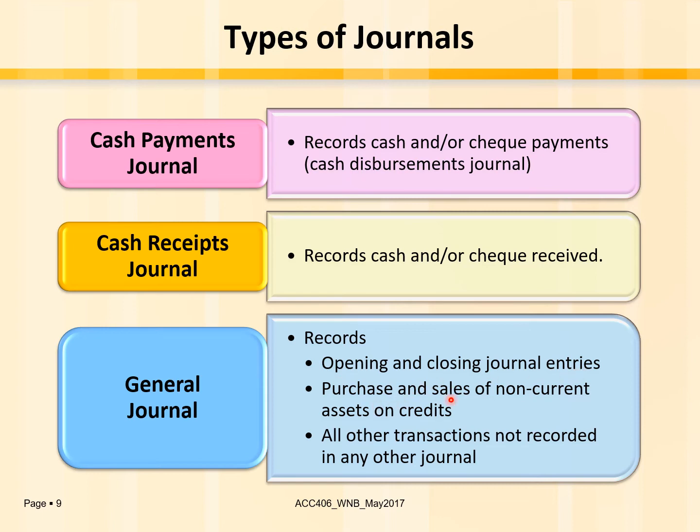Okay, purchase and sales of non-current assets. Non-current asset on credit. You beli non-current asset, contoh you beli motor vehicle on credit, dia akan record kat sini. Kalau you beli motor vehicle on cash, dia akan masuk dekat cash payment. Faham tak beza dia? Bila dia melibatkan cash in, cash out, kita akan masuk dekat cash payment ataupun cash receipt.